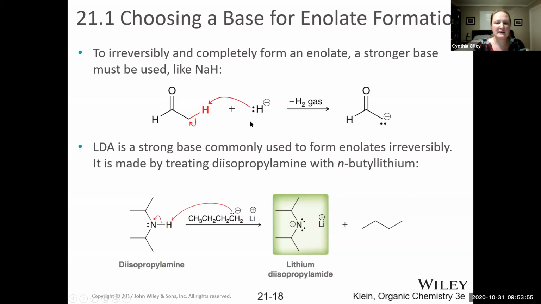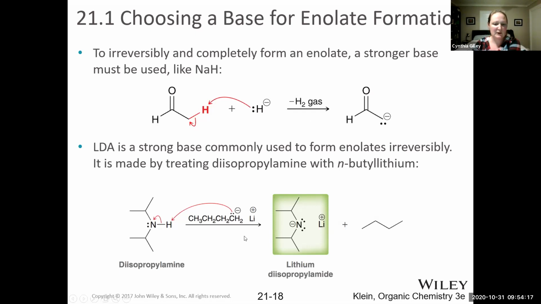And there's a significant enough difference in pKa value between H2 and the alpha proton of an aldehyde or ketone, such that it's essentially exclusive and full conversion to the enolate, and there is no more aldehyde in solution. So we say that it's essentially irreversible.